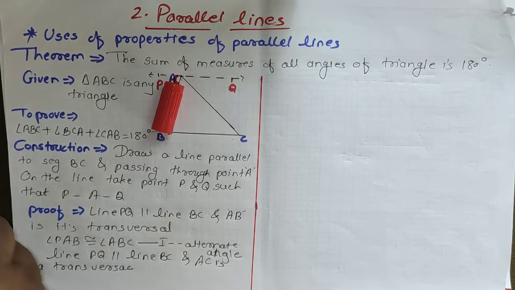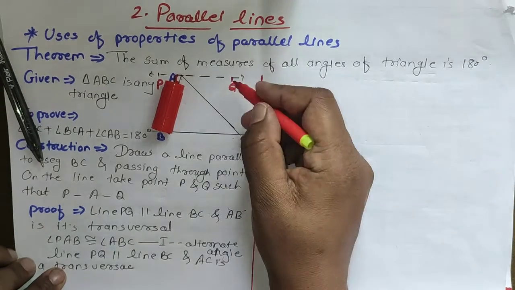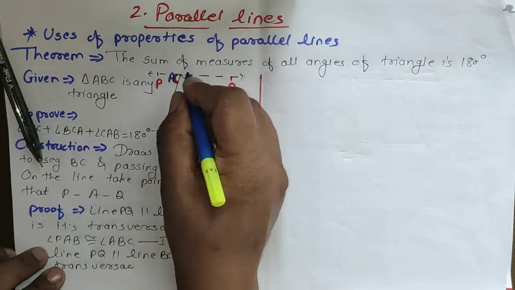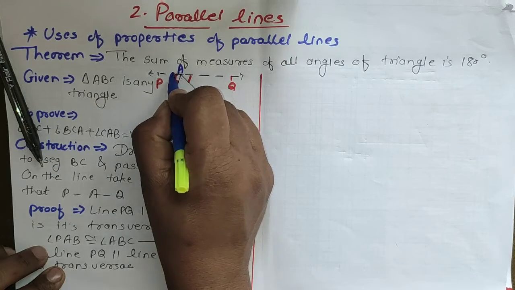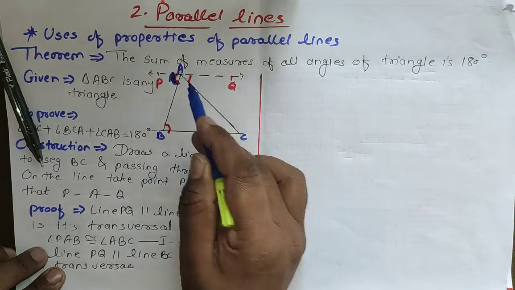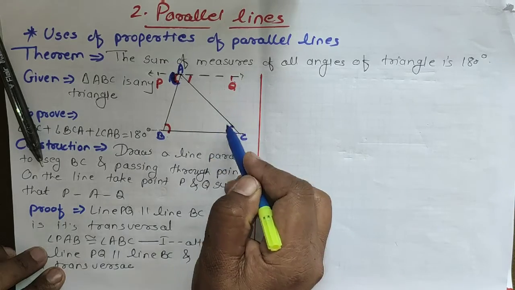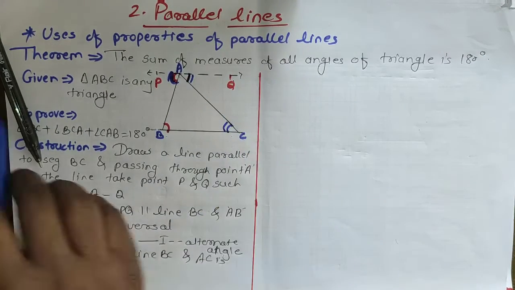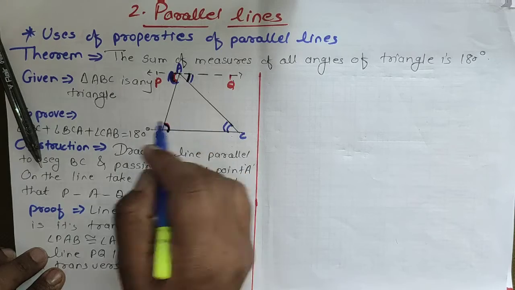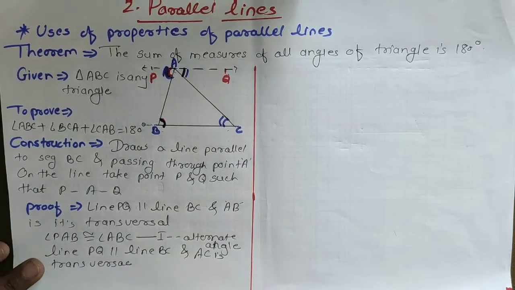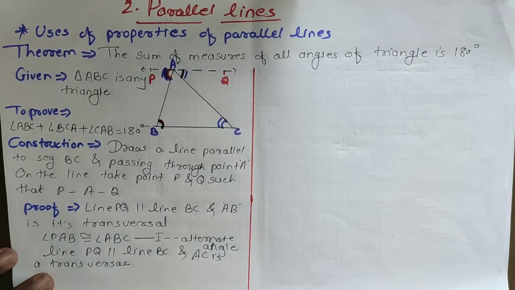If AC is transversal, then the angle QAC, with point A written here, and angle ACB, these two angles are congruent to each other, and the reason behind it is that they are alternate angles.